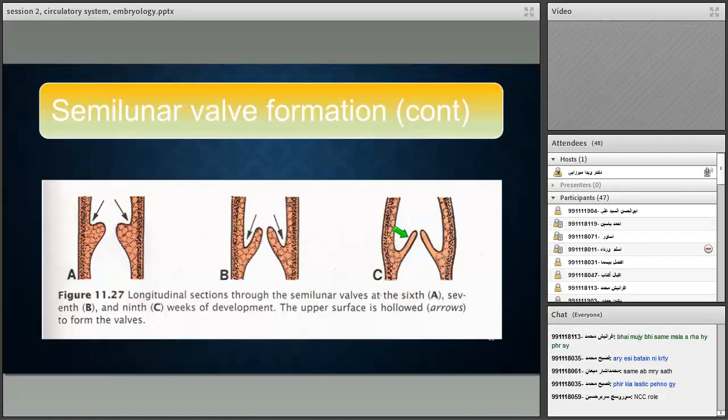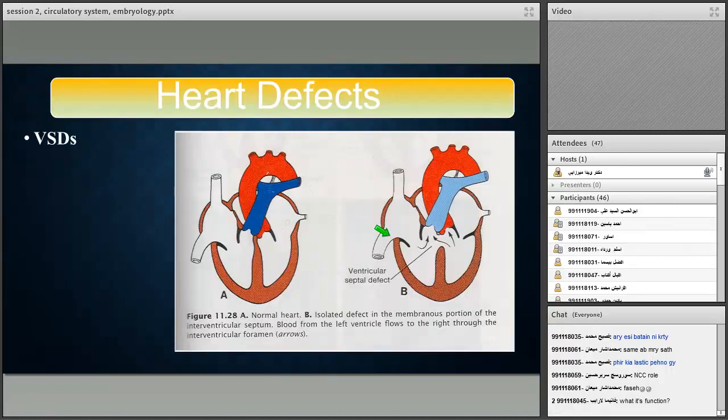So, at last, these semilunar valves will form. We have the degeneration on the upper side of each valve. So we can see three semilunar valves at the beginning of the pulmonary artery and aorta. Any question about the valves?